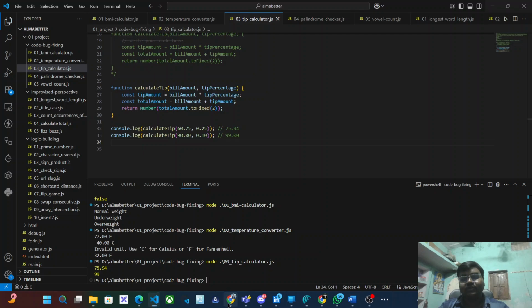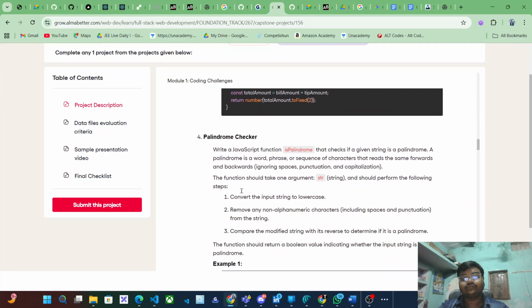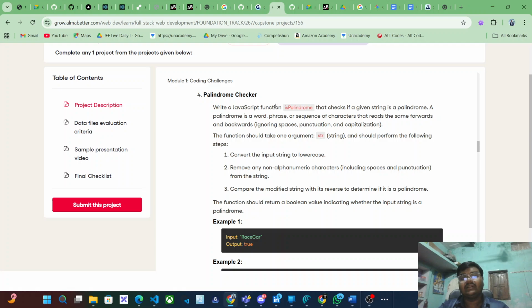Now let's come to question 4, palindrome checker. Palindrome means a sequence, a word or a sentence, which when we reverse, the reverse is also the same as the original sequence.